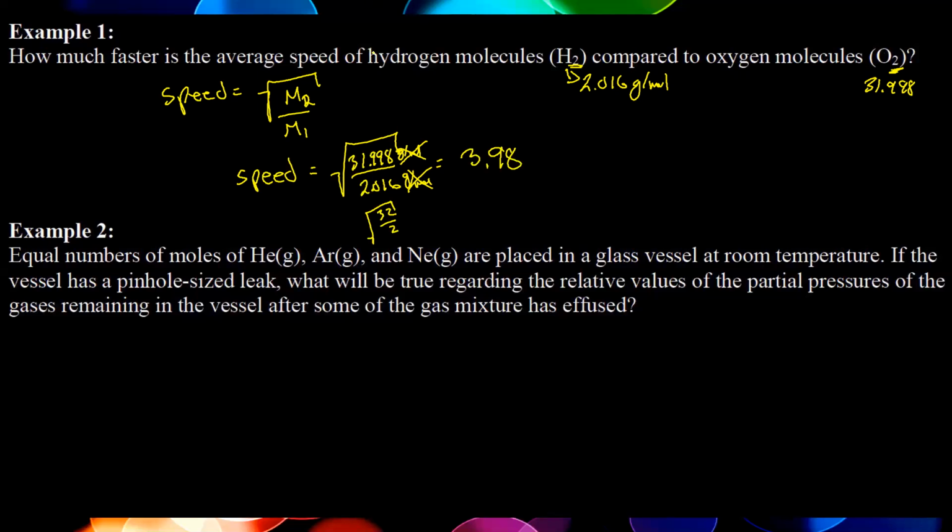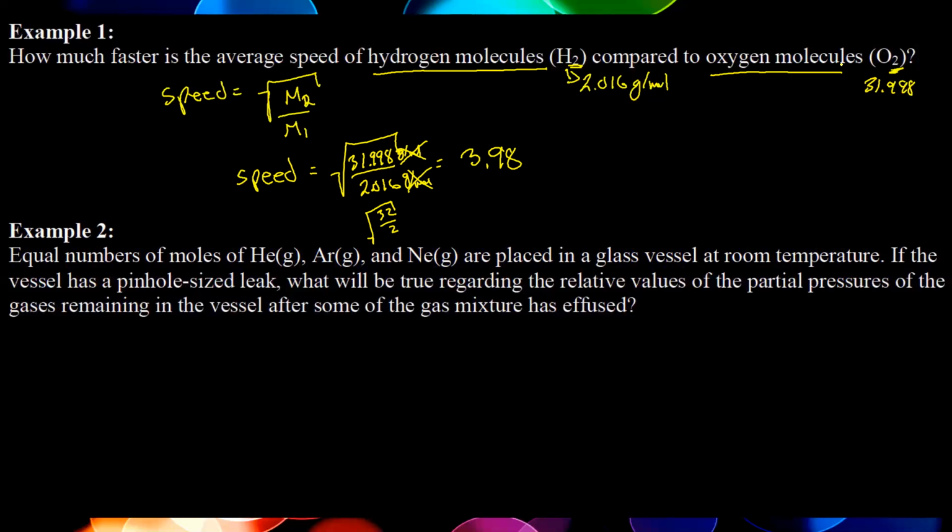That means on average, hydrogen molecules are moving 3.98 times faster than oxygen molecules under the same conditions. So under the same conditions of pressure and volume and temperature, everything else the same, just by their nature of their masses, hydrogen is moving almost 4 times faster than oxygen.